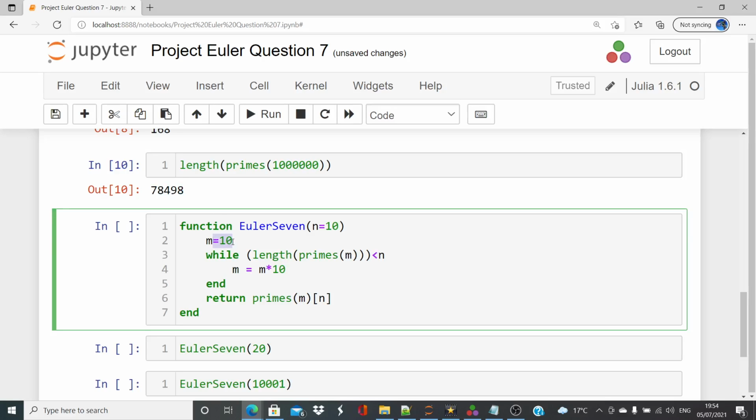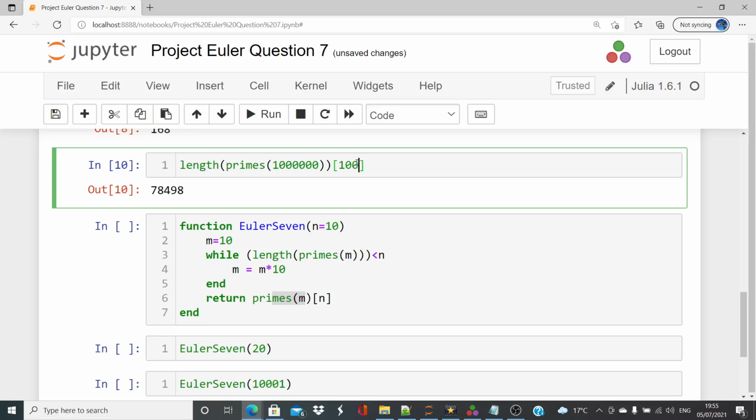So m equals 10, while the length of primes of m is less than n, the input, m is equal to m times 10. When we have enough, what we do is pick out the nth element of that array, of that vector. So if I was to pick out 1001, something like that.